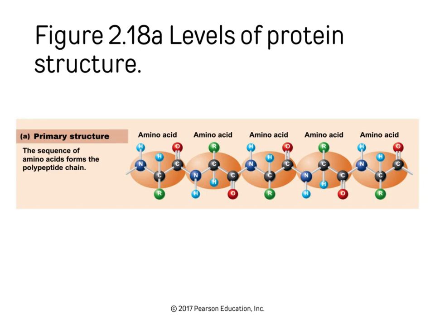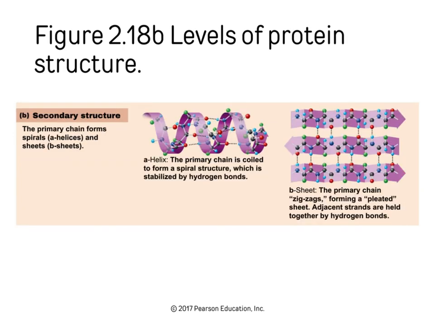It's really important that proteins maintain a certain structure and shape. Structure and shape is important for proteins because they may stop working if that shape changes. So here at the primary level, we're looking at essentially beads on a string, the order of amino acids. At the secondary level, we're looking at shapes of those beads on a string, like a spiral or a zigzag, which are alpha helices or beta pleated sheets.